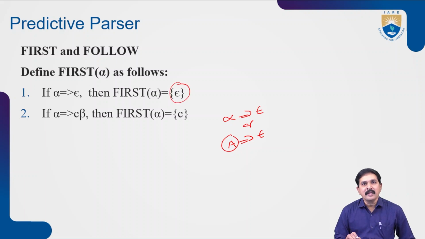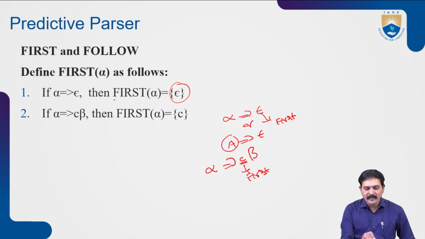Suppose alpha implies some terminal c and beta. Ultimately this is the first symbol. Specifically, first of alpha equals null when alpha derives epsilon.